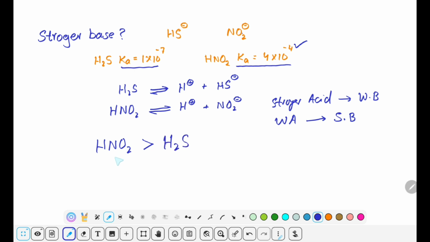Now, this stronger acid will give a weak conjugate base, and compared to HNO2, H2S is weaker, so it will produce a strong base. So of the two conjugate bases, NO2^- and HS^-, the stronger base is HS^-, so NO2^- is a weaker base compared to HS^-.